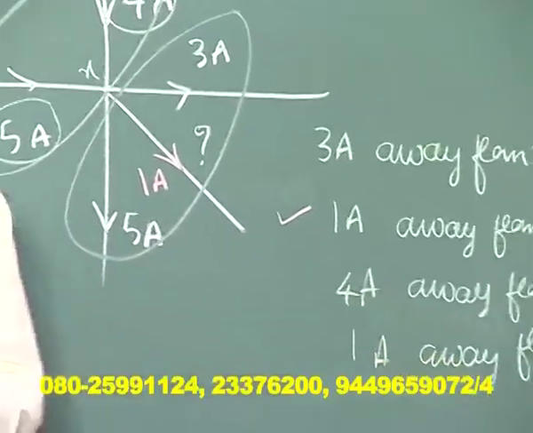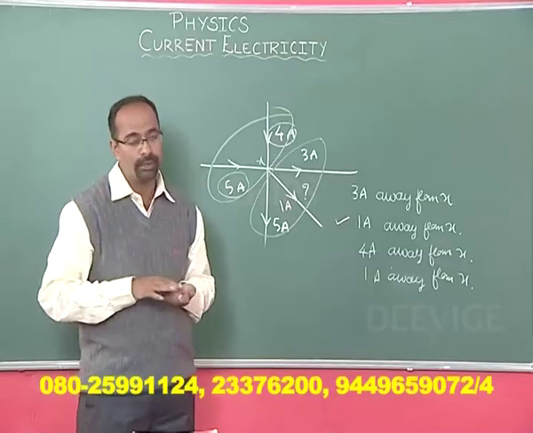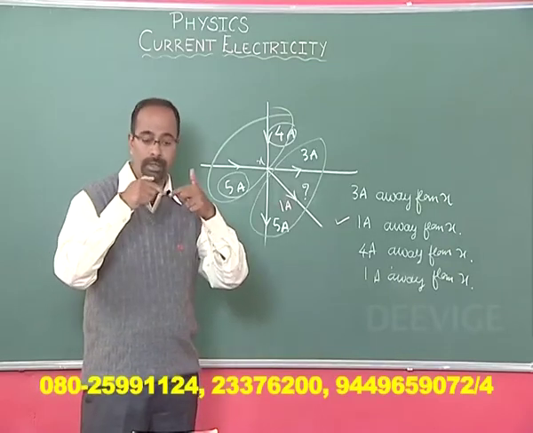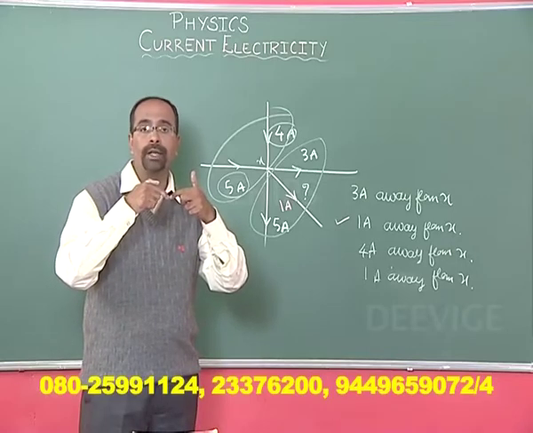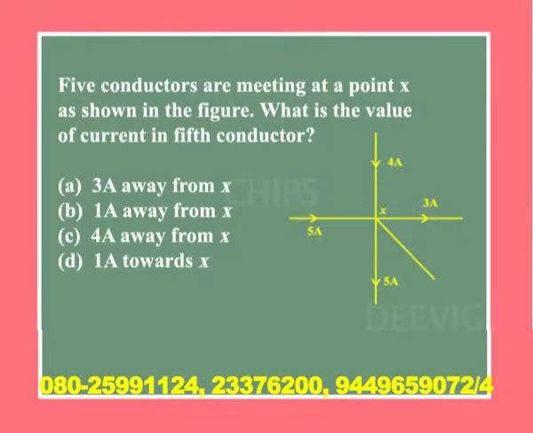You must know this, Kirchhoff current law says that the sum of all the currents coming into a node should be equal to the sum of all the currents going out.